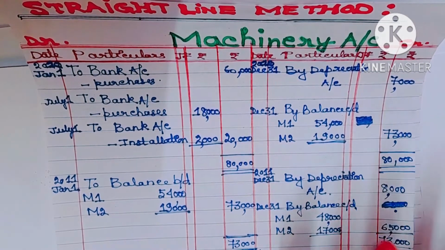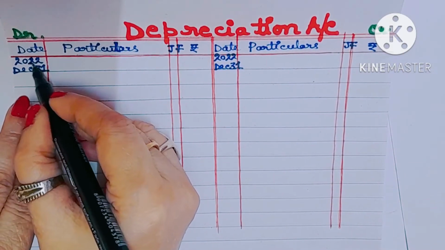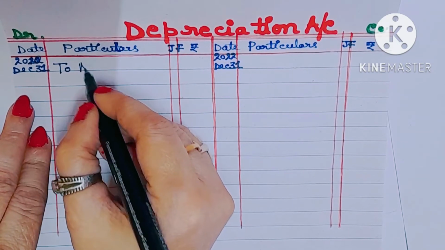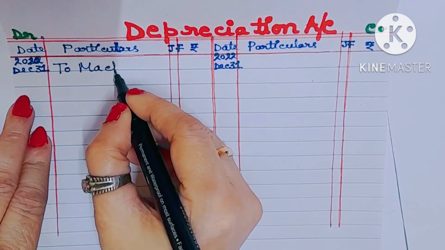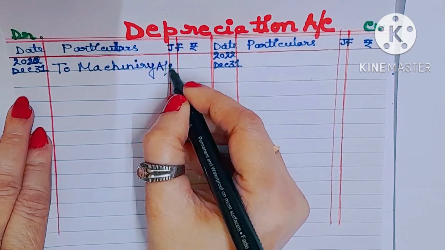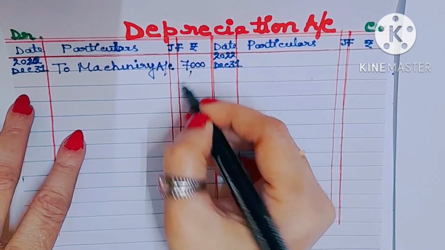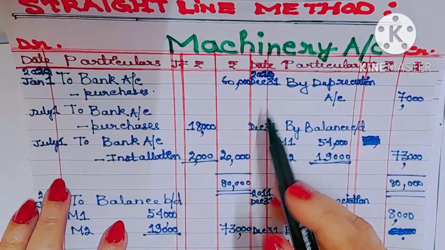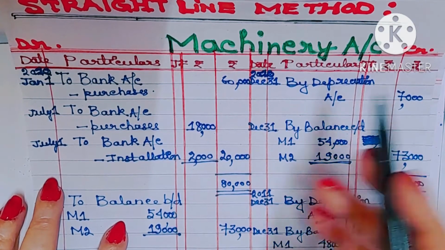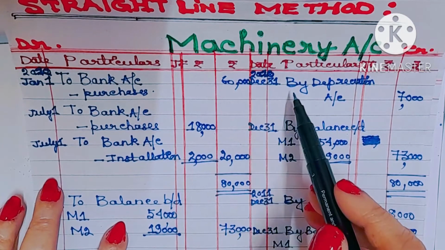So let's write 2010 December 31st to machinery account 7,000. The date will be same. Just copy. When you're preparing depreciation account, we'll have to write to machinery account and date will be same. 2010 December 31st. Amount will be 7,000.